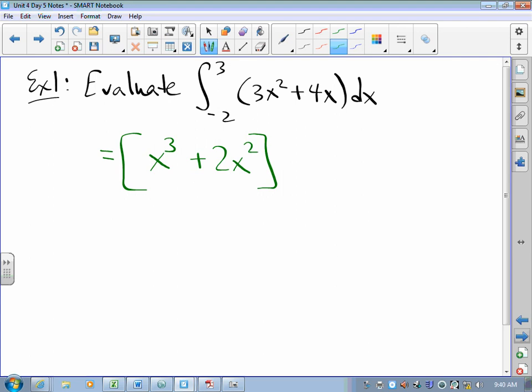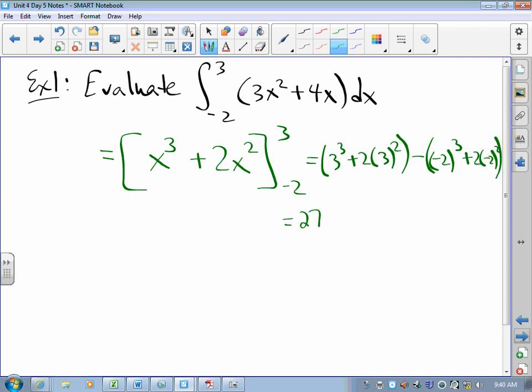Now all I have to do, and this notation just means I'm going to evaluate between -2 and 3, which means I'm going to substitute 3, substitute -2, and subtract the answers.